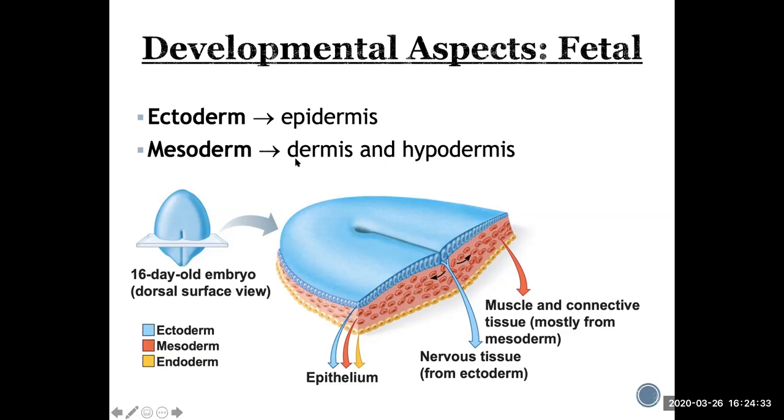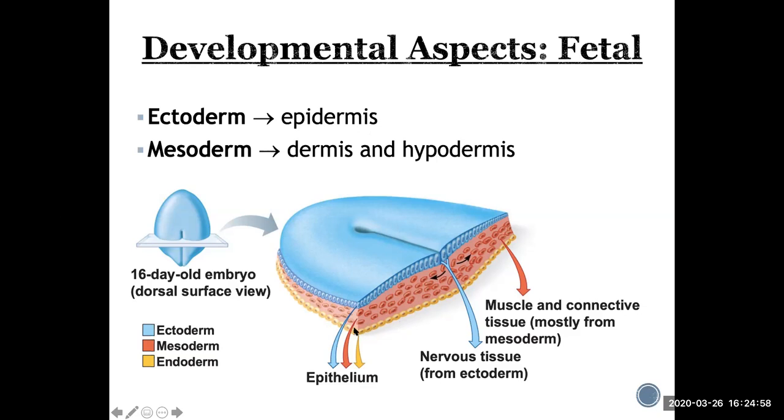The ectoderm is also going to turn into your epidermis, and your mesoderm is going to turn into your dermis and your hypodermis. The nervous tissue, your brain and your spinal cord, is just this little part right here. But the rest of your ectoderm will become your epidermis, your skin.